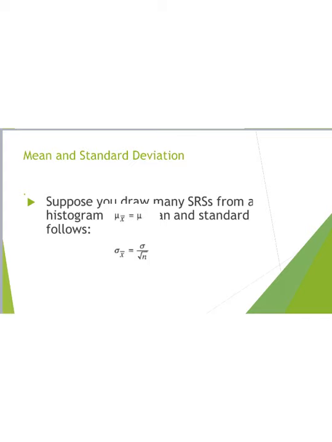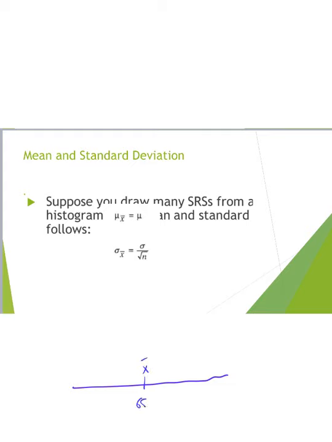So first of all, sorry, a little formatting issue here, but this idea: suppose you draw many SRSs from a population and you create a histogram, and what happens again is you get this histogram where these are all x bars.